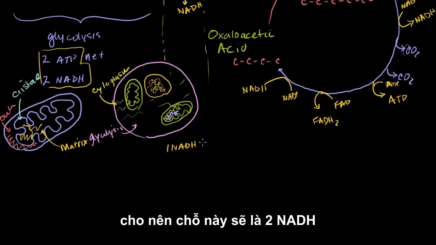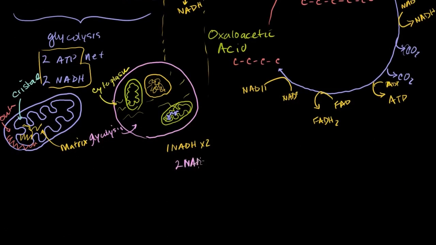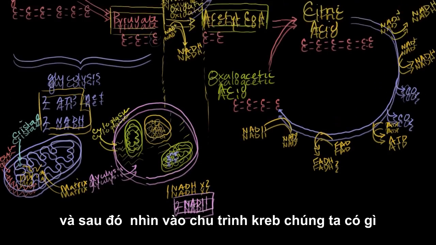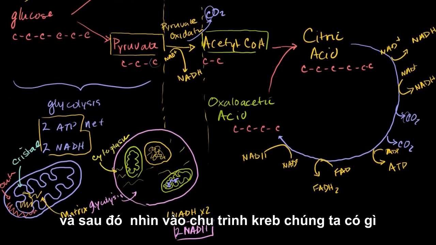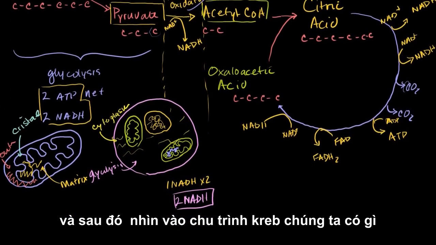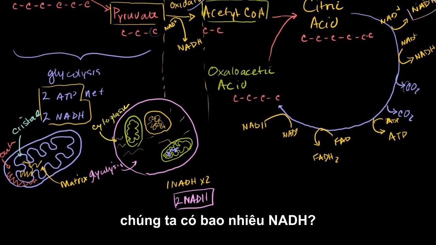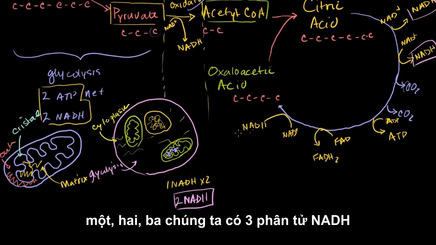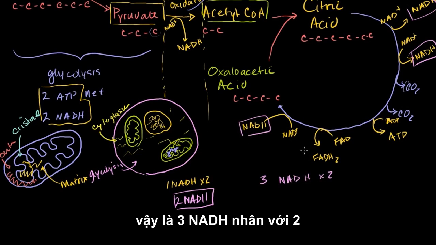So the pyruvate oxidation times 2 means that we got 2 NADHs right there. And then when we look at this side, the formal Kreb cycle, what do we get? We have how many NADHs? 1, 2, 3 NADHs. So 3 NADHs times 2, because we're going to perform this cycle for each of the pyruvates produced from glycolysis.